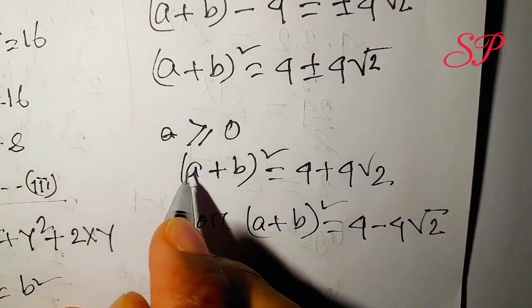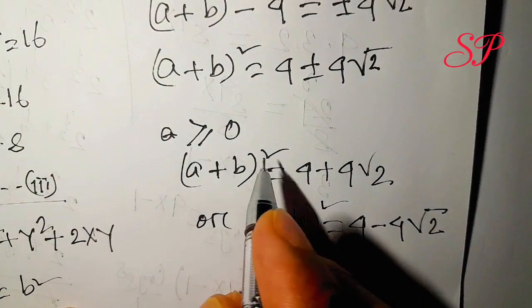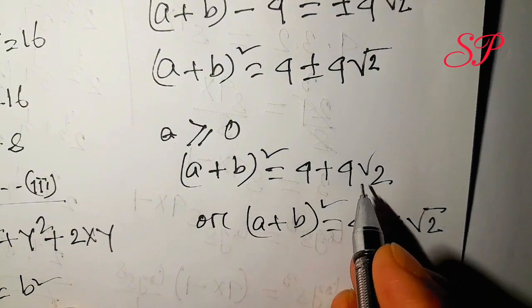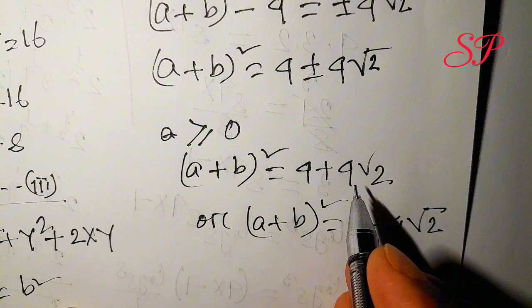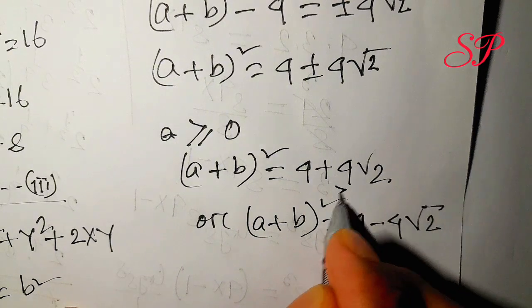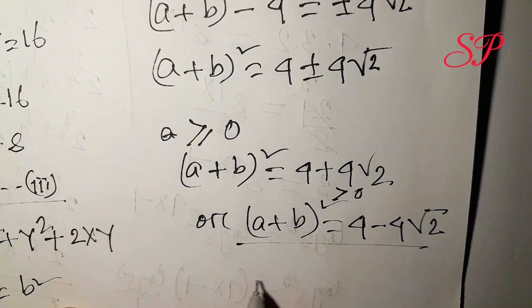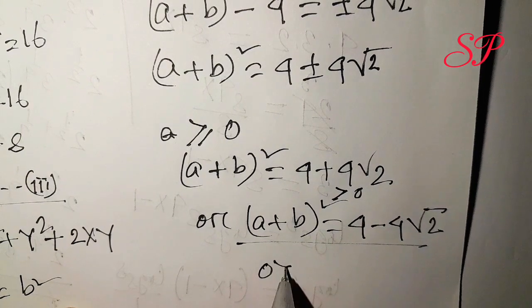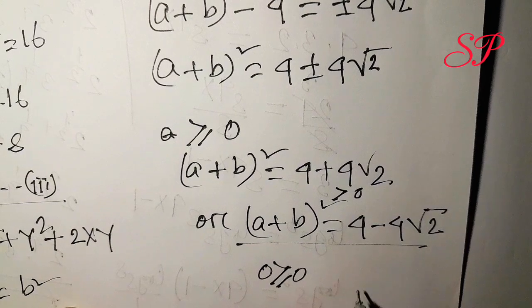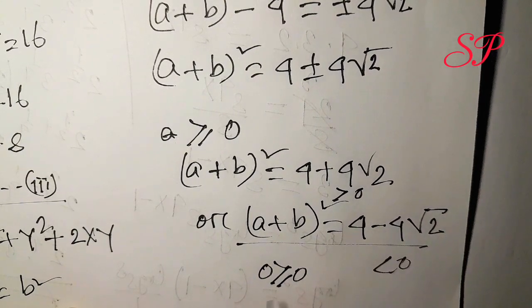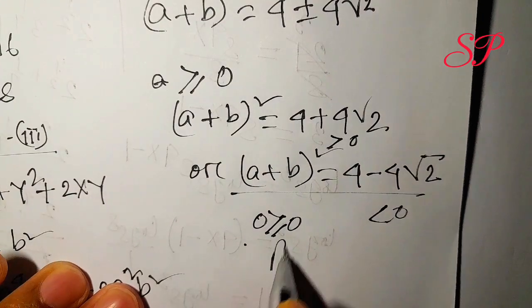Here a plus b all square must be greater than or equal to 0, but the right side of the second case is less than 0, so it is not acceptable and is rejected.